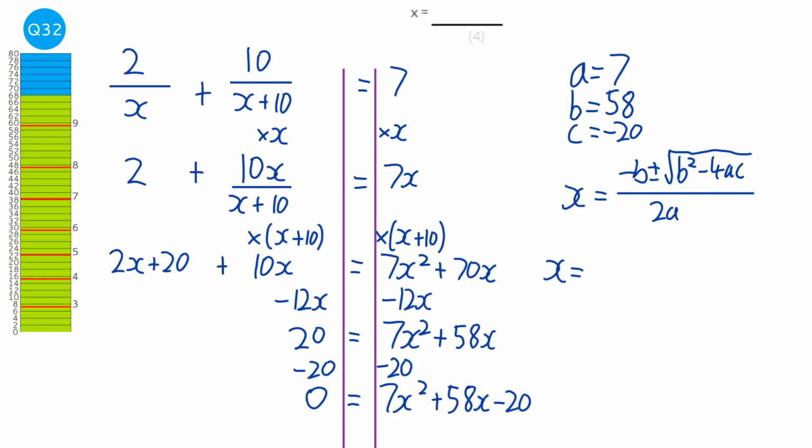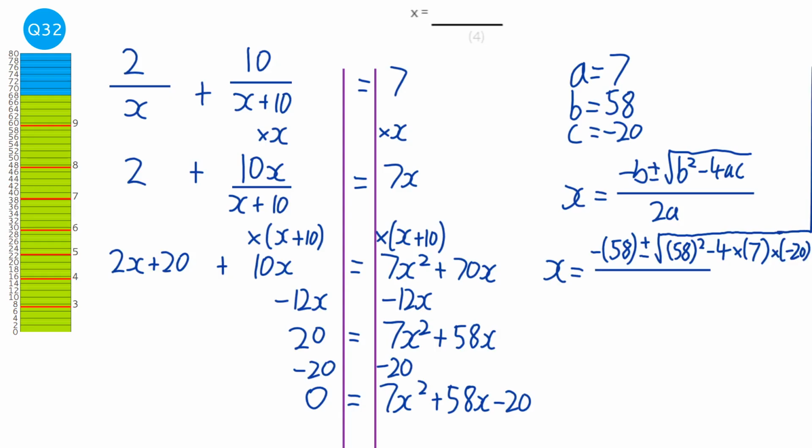So, putting in the numbers, it would be minus brackets 58, and I always put brackets around these, because if they are negative, it makes it a lot easier and a lot more reliable. Minus 4 times the 7 times the minus 20, and all of that is going to be above 2 times the 7. Okay, so we type that into our calculator with a plus, first of all.